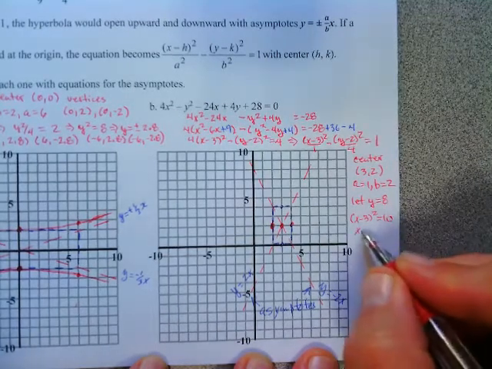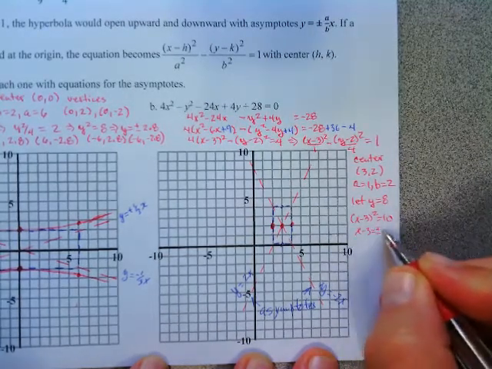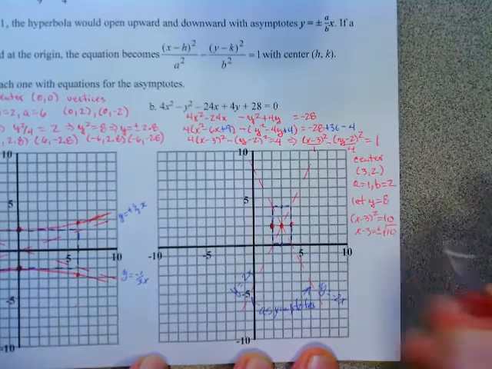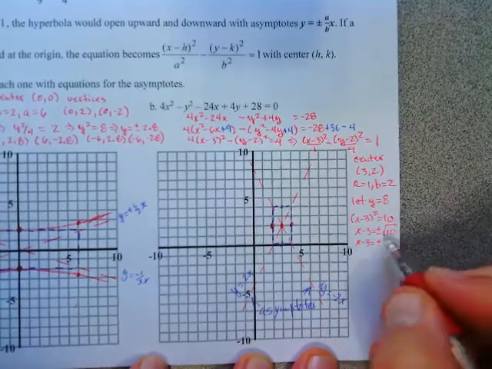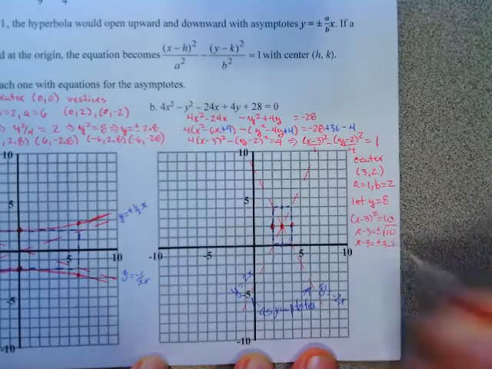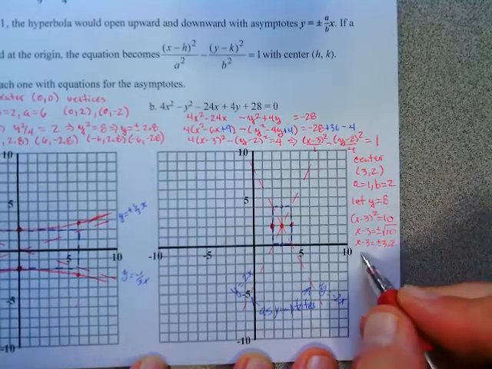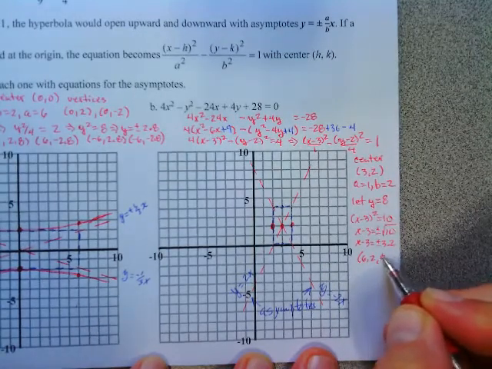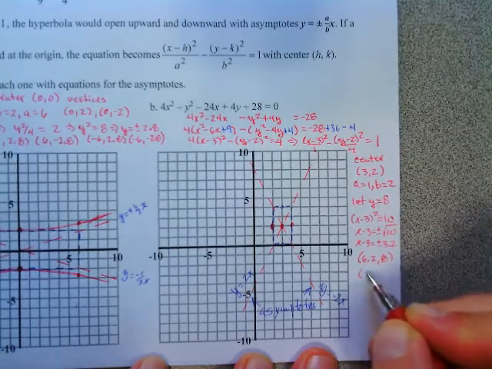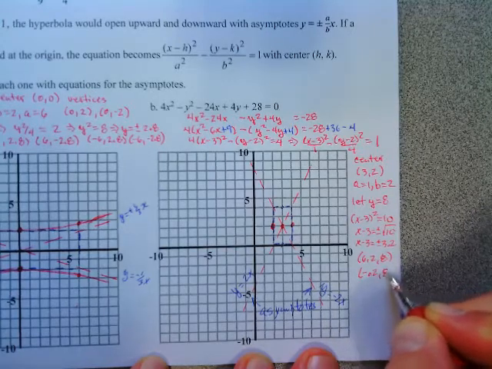So x minus 3 equals plus or minus the square root of 10. So x minus 3 equals plus or minus about 3.2, which would give me 6.2 and 8, and negative 0.2 and 8.